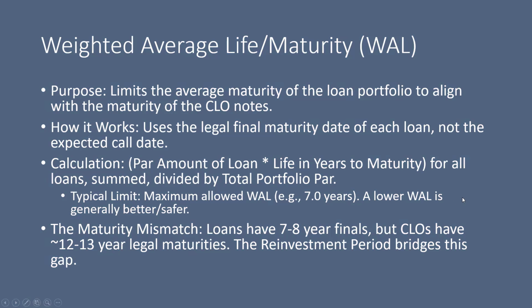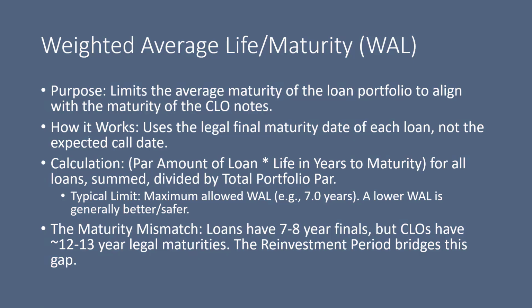Next we have weighted average life, right? This is the weighted average time until the loans mature. This test manages the structural asset-liability mismatch, if you will. CLO notes have long legal final maturities, but loans are often refinanced or called well before the legal maturity, especially when the asset manager is constantly trading assets, buying and selling daily.